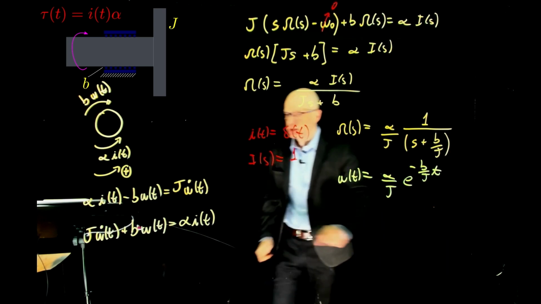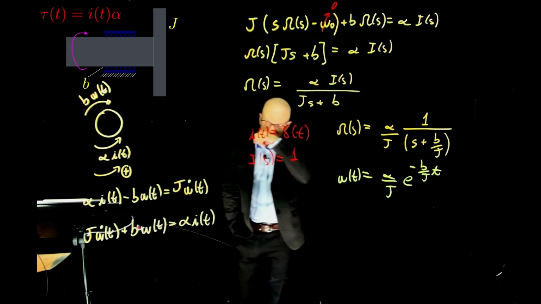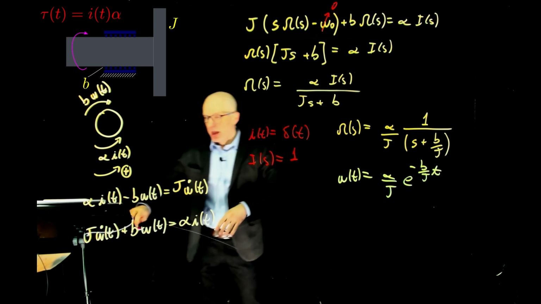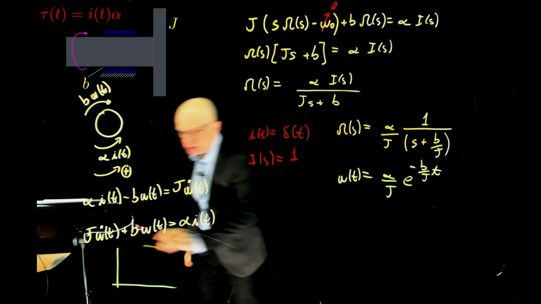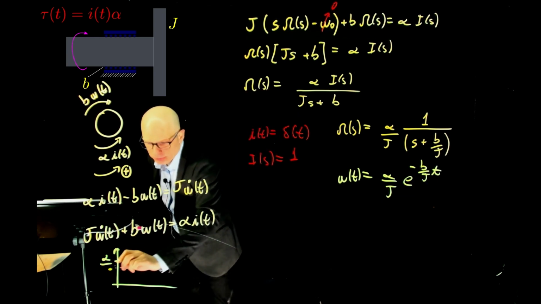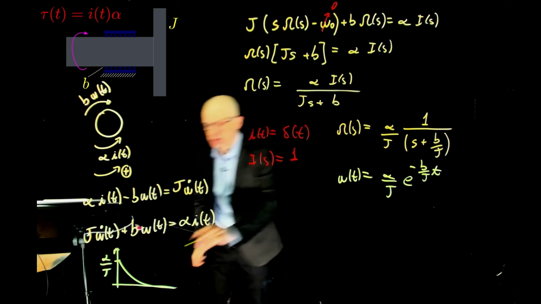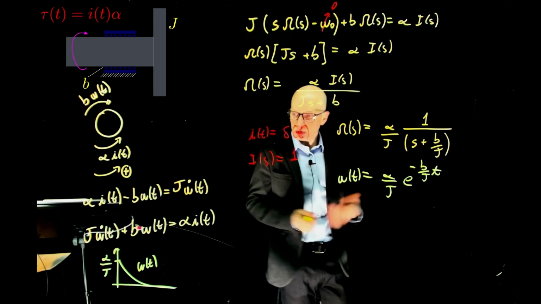So if you plot this, we get an exponential like the one in the previous example, starting at alpha over j when time is 0 and decaying to 0 as time tends to infinity. This is the impulse response of the system to a current input, or to a torque input.